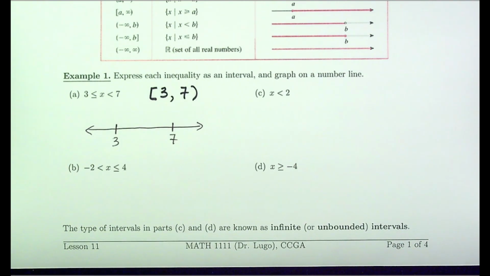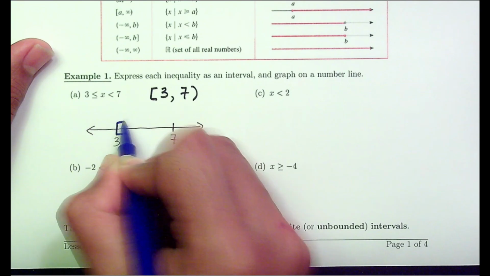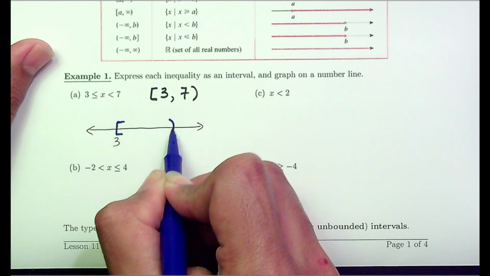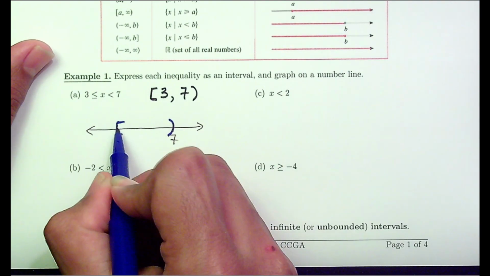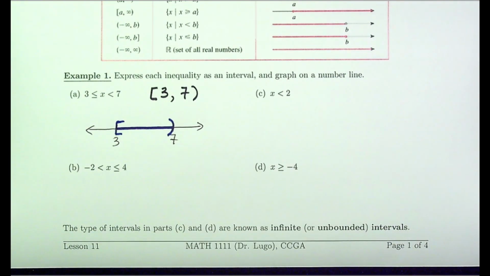So don't draw 0 or 4 or 5, because adding more tick marks than necessary is usually just going to mess you up. Okay, so I want the 3 included, so make it look like that. Square bracket on the left. And on the 7, I want a parenthesis because I don't want that. And then you want all the numbers inside. And there you have it. That's the picture for that inequality.